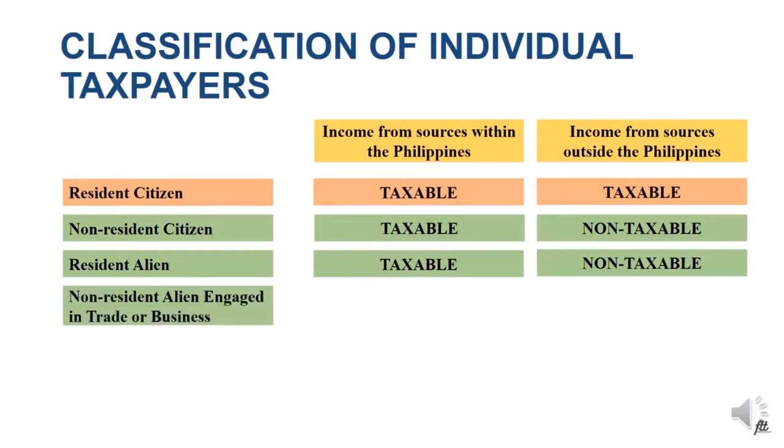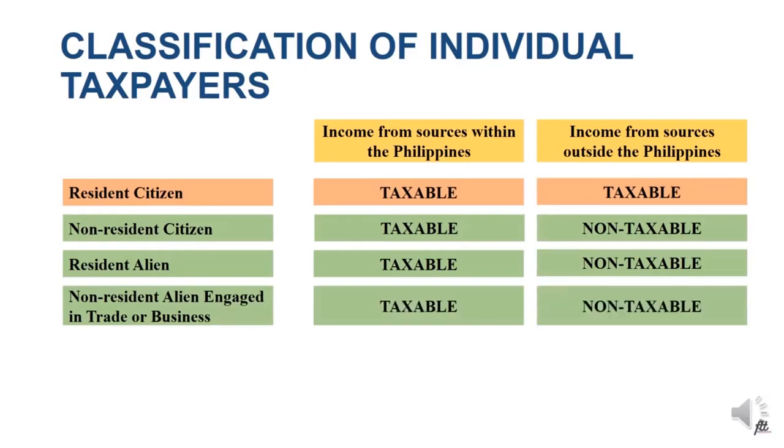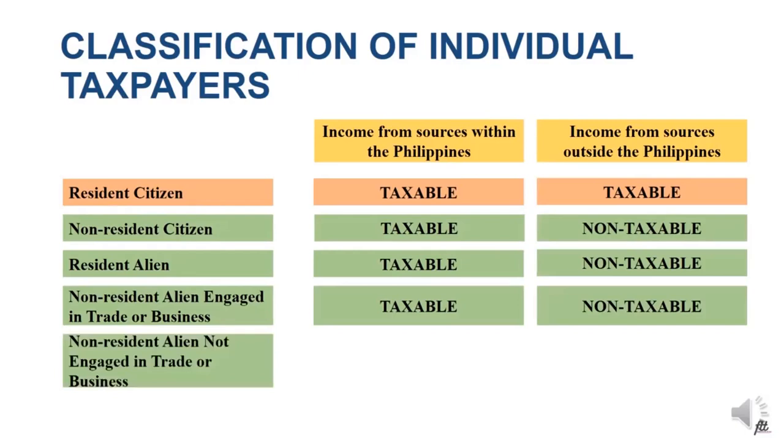Also, for non-resident alien not engaged in trade or business, the same is true for income from sources within the Philippines and for income from sources outside the Philippines. So actually, the other four taxpayers follow the same patterns. For non-resident alien not engaged in trade or business, again, they would be taxable only if their incomes are from the Philippines.